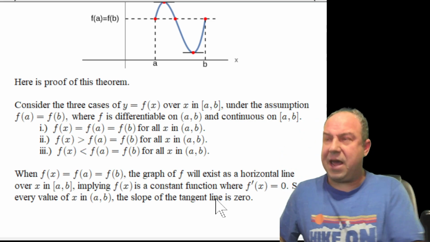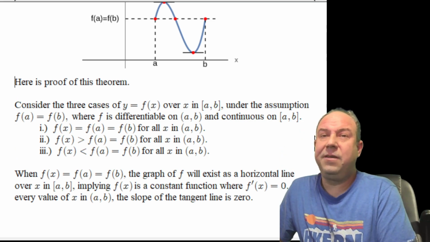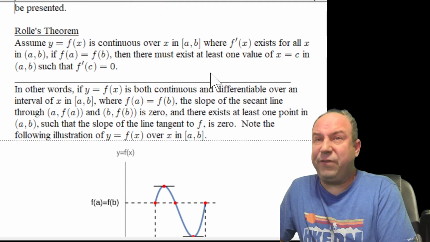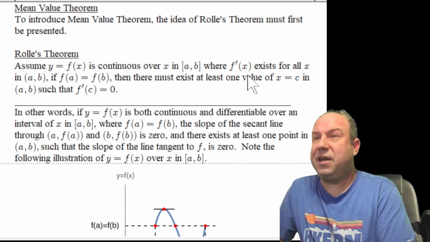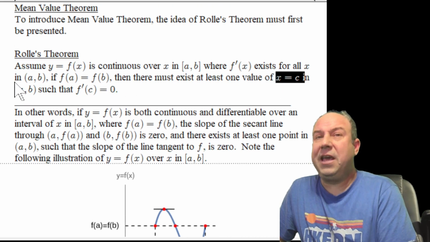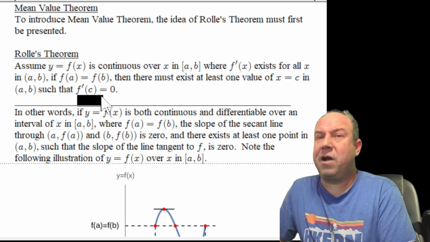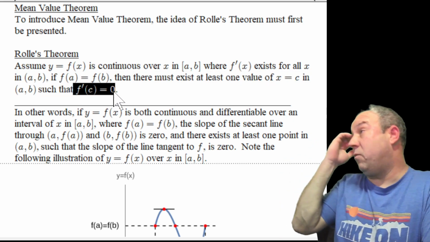And we have, again, an infinite number of locations of c in our interval from a to b, where f prime at c would be equal to 0 at every single value that would occur.